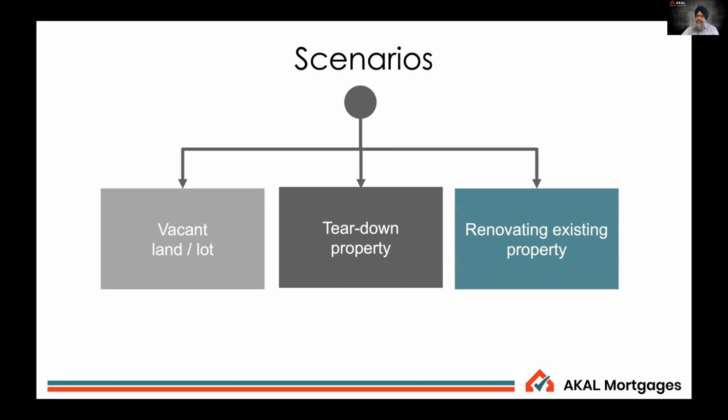And after that, some people don't tear down the property, but they need money for renovating an existing property, which could be a couple of hundred thousand dollars. That is also eligible for a construction loan, right?